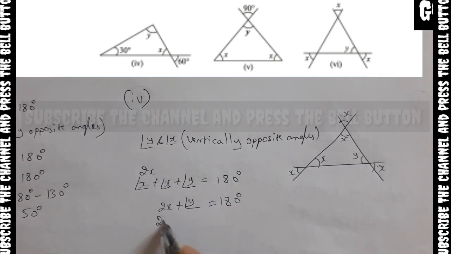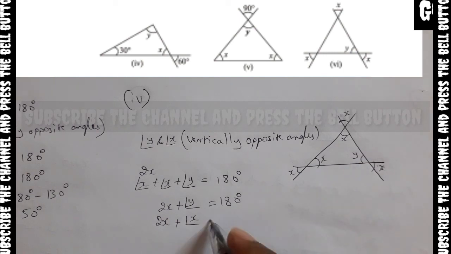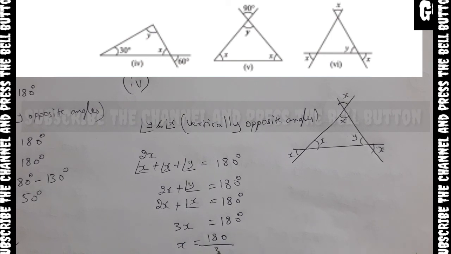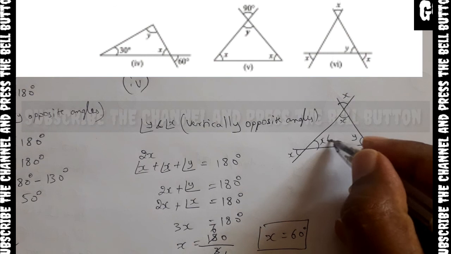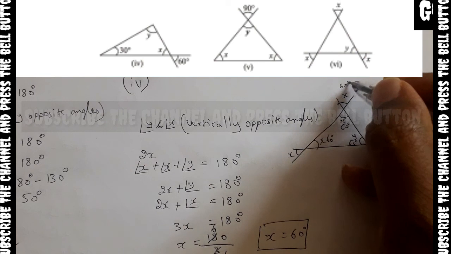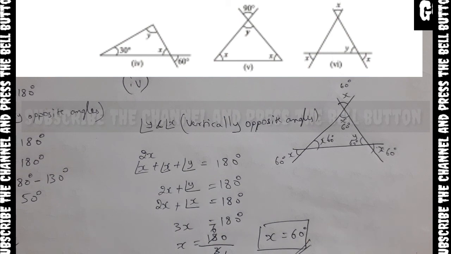That means 2x plus angle x, that is 3x, is equal to 180 degrees. x is equal to 180 degrees divided by 3. 3 ones are 3, 3 sixes are 18. x is equal to 60 degrees. That means here also 60 degrees, this one also 60 degrees, and this one also 60 degrees. I think you understood very well.